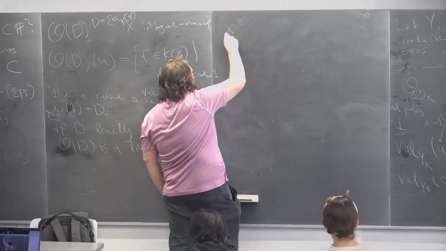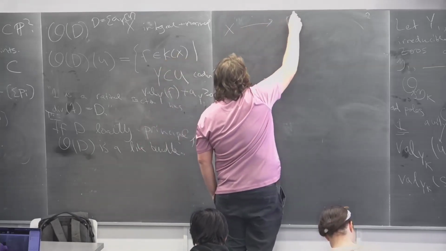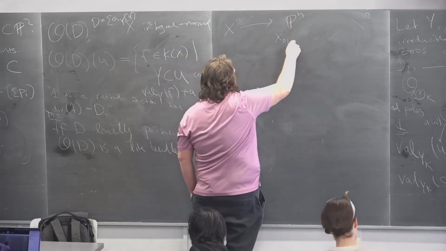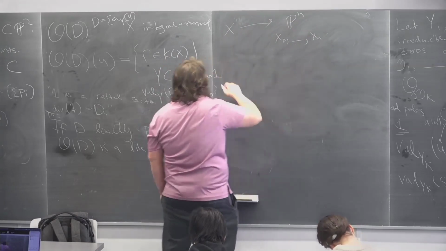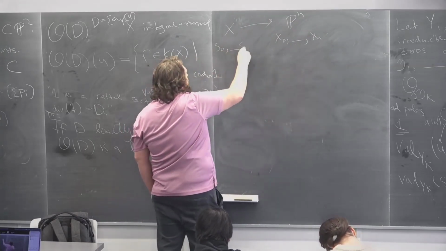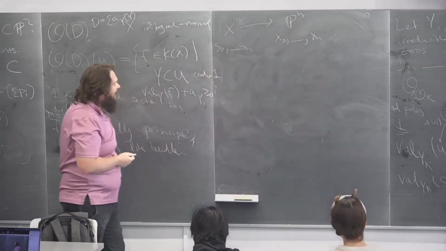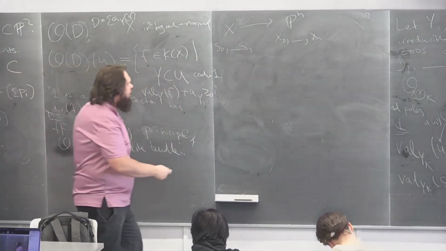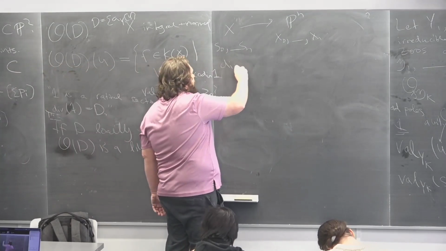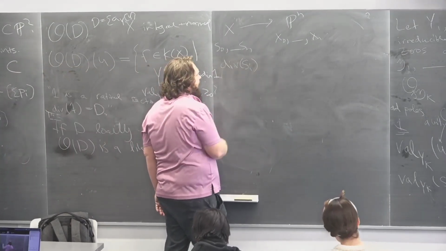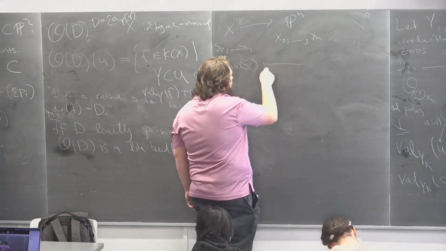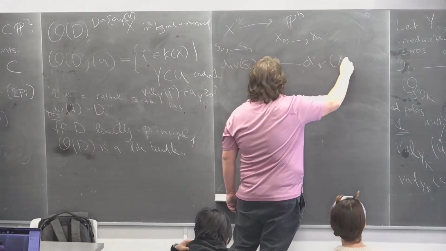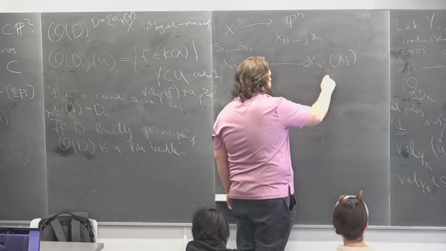So if I have my X and I'm mapping this to projective space, I have my X0 up through Xn on projective space, and I have my S0 through Sn, which are determining this map. So how do I think about the divisor of Si? It's the pre-image, the pullback of the divisor of Xi, which is just a hyperplane.